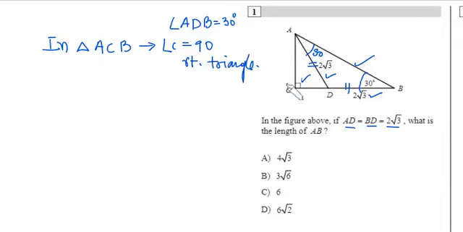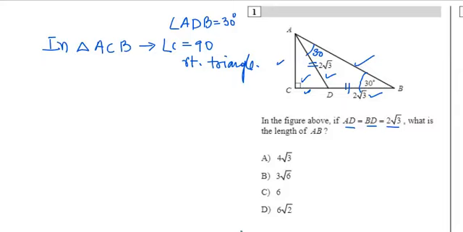Now we have to find AB, which is the hypotenuse of triangle ABC, and to find the hypotenuse, we need to find AC and CB. If we know the two sides AC and CB, then we can easily figure it out.